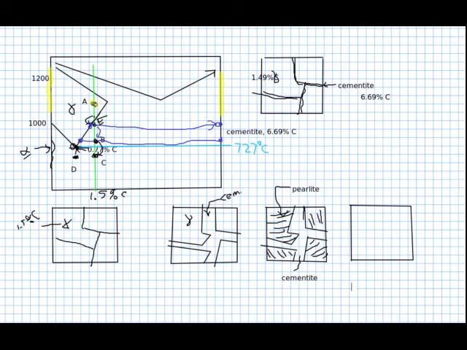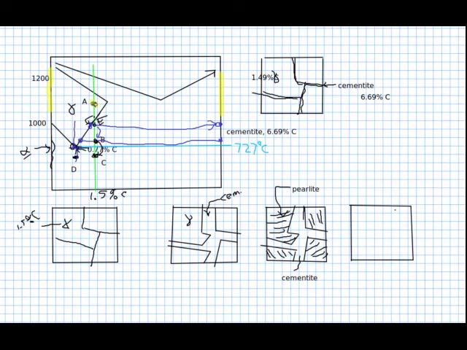Well, if I'd started at 0.77% carbon and I cooled it down to point D, then we never would have had any cementite split off at the grain boundaries. So the percentage was 0.77%. So it would have stayed 100% austenite all the way until I got to the eutectoid temperature. And if I cooled below that, all the austenite would have frozen at once.